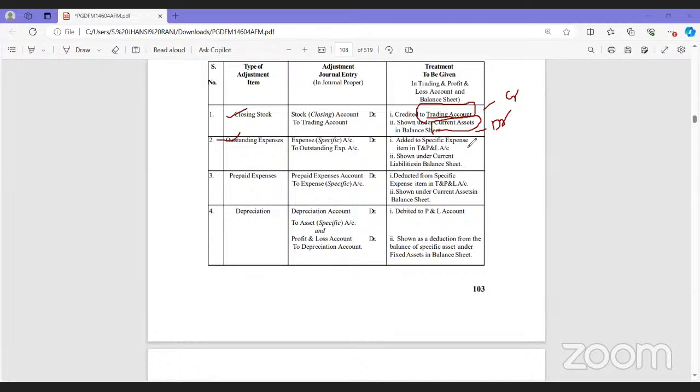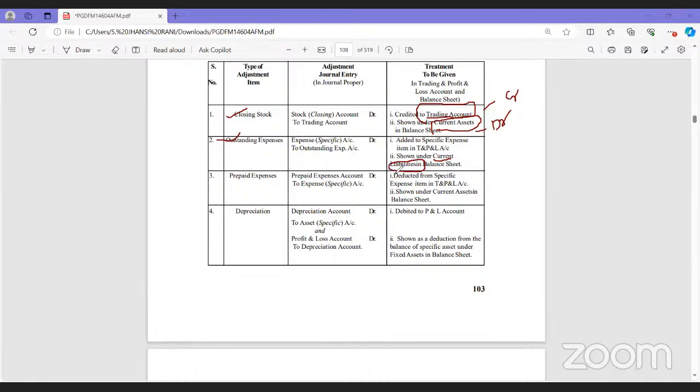If it is related to the profit and loss account, we write in the profit and loss account. For example, they gave outstanding wages. Wages will come where? Wages will come in the trading account. So in that case, we will first add that outstanding wages to the wages, and the other effect we will show in the balance sheet under current liabilities.